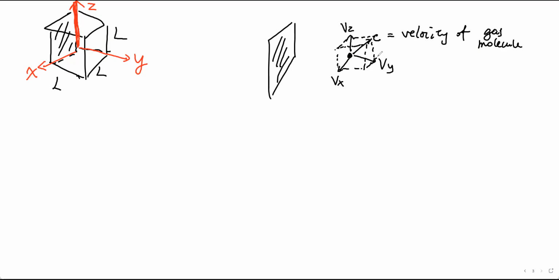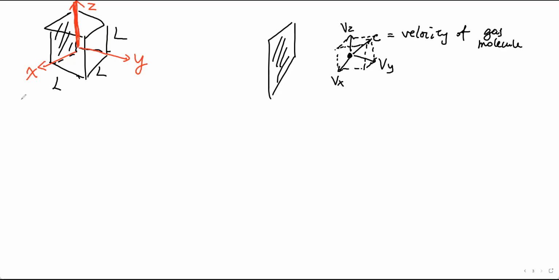Random can mean that Vx, Vz, and Vy are all different. They all have different magnitudes. But we will just focus on the motion along the y-axis, because we are talking about the gas molecule hitting the shaded wall. So we just focus on Vy.